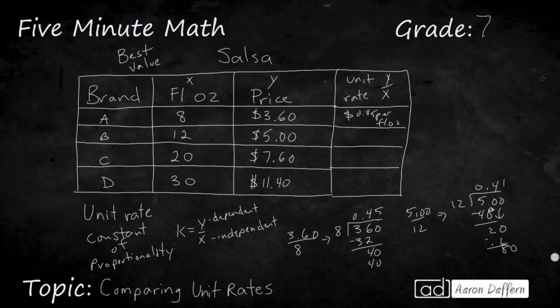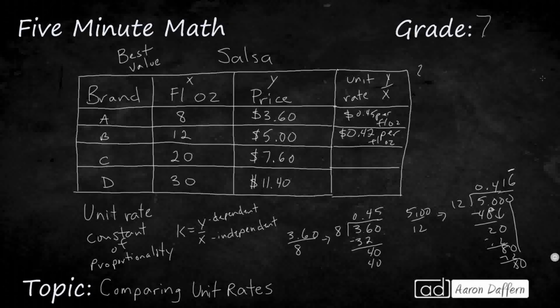It can go in there 6 times. 72. Oh, look at that. 8 left, and it goes on. It's going to be a repeating, actually. 4.16 repeating. Since we're dealing with coins, let's just round it up because it's not always going to be even. It's going to round up to the hundredths place or the nearest cent. That's 42 cents per fluid ounce. That's my unit rate. So far, the brand B is a little bit cheaper.